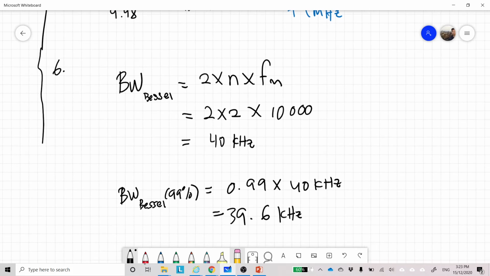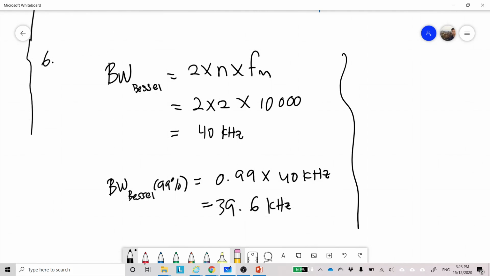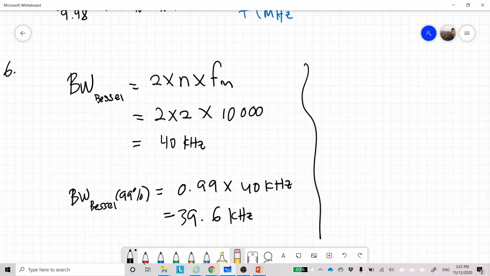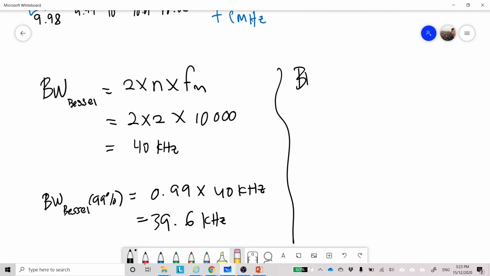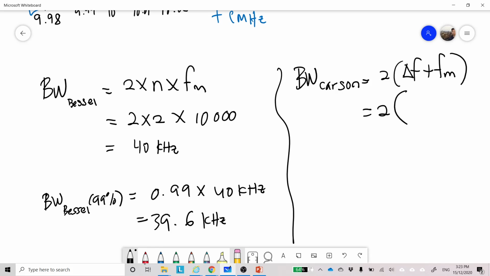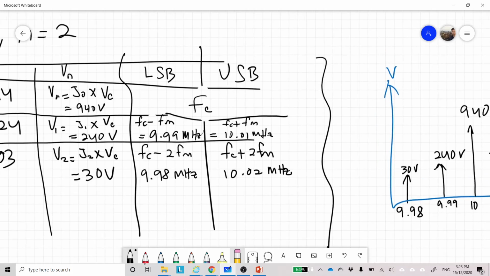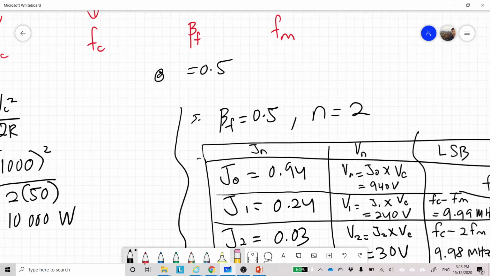Okay, and then bandwidth by Carson. So bandwidth by Carson is equal to 2 times delta f plus fm. Okay, so this is equal to delta f, tadi kita dah kira delta f.